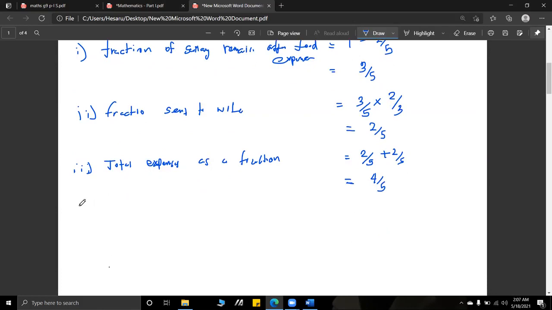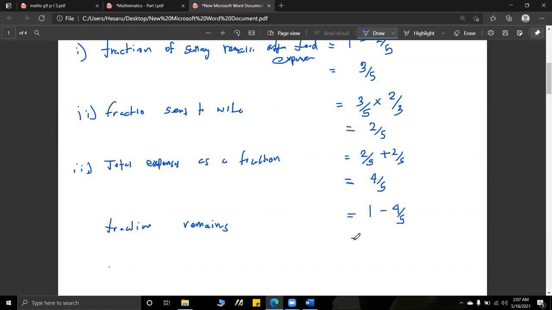So what we need is what fraction remains. So the fraction that remains after doing all these expenses is, the total salary is 1, total expenses is 4 over 5.